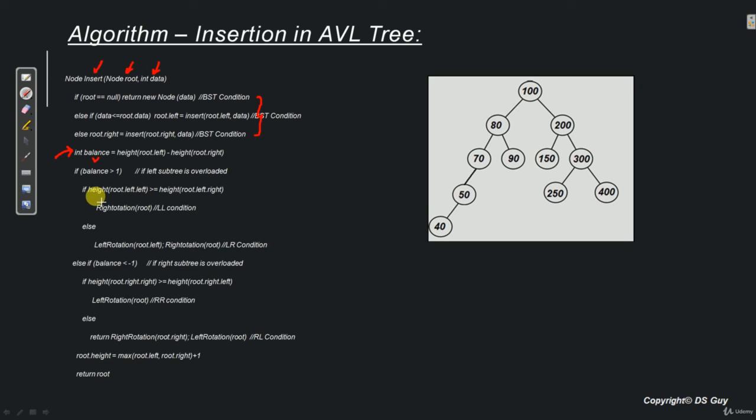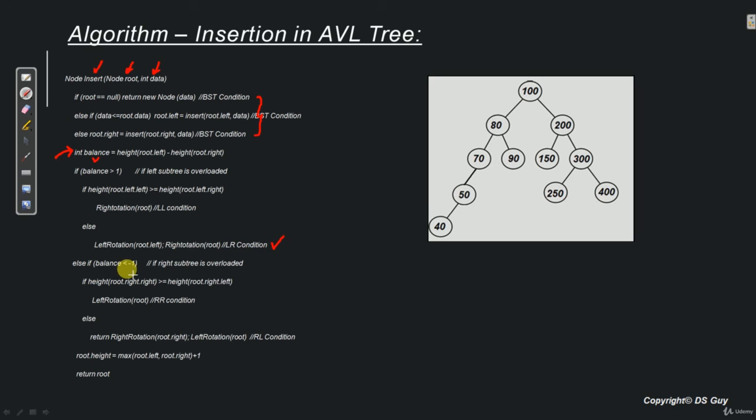We again have to check if the height of root dot left is more than the height of root dot right. Then we can say we are in a left condition. So we do a right rotate. Else we will do a left rotate and then a right rotate, because that is a left right condition.